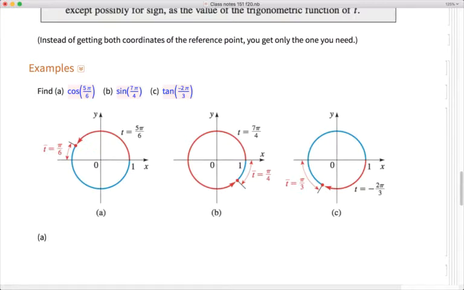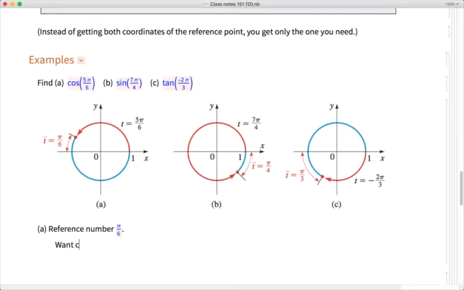We want the cosine of 5 pi over 6. So the reference number is pi over 6. We're asked for the cosine, and that's the x-coordinate.